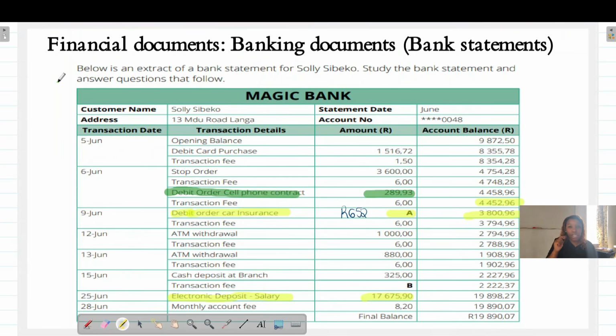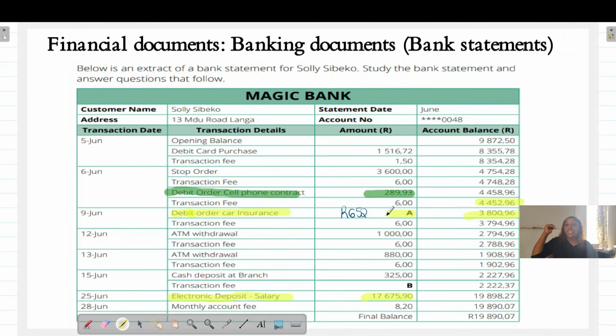That means that Mr. Solly Sibuko actually spent the extra amount on airtime, right? So this 289 Rand and 93 cents that went off for the cell phone contract is actually supposed to be 85 Rand. However, it is not 85 Rand because Mr. Solly Sibuko decided to go ham with the airtime this month.